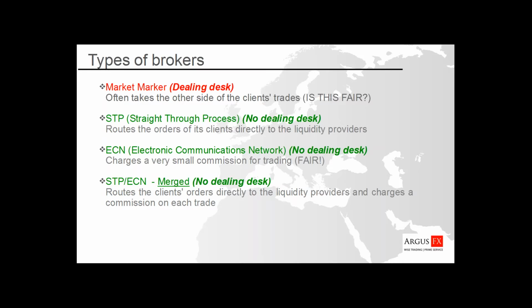So actually, we have the market maker, which is the dealing desk, and the STP and ECN merged together. But let's see in a more detailed view these four types of brokers.